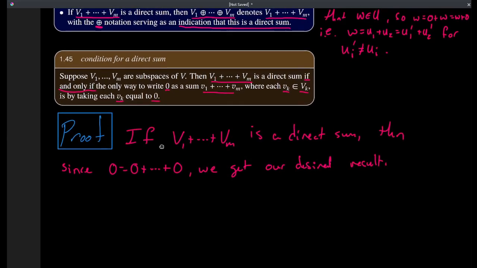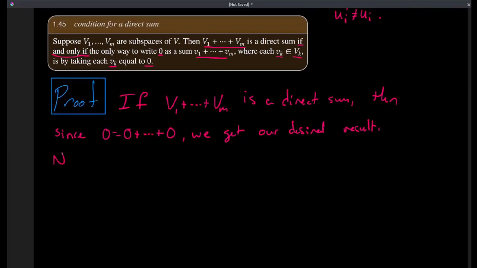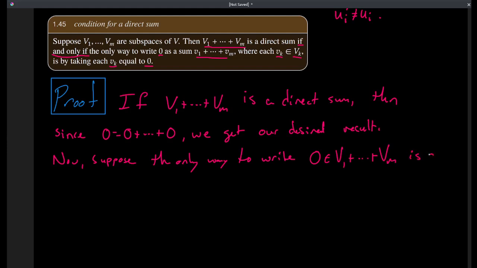Cool. In the other direction, now suppose the only way to write 0 in this sum is as 0 plus ... all the way up to 0.